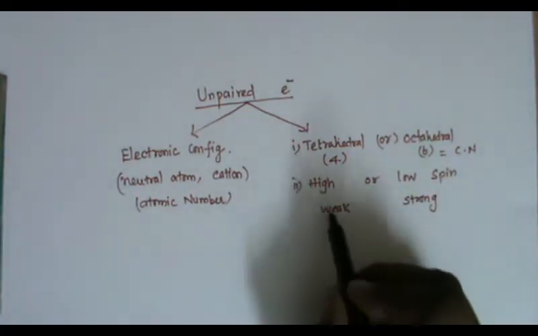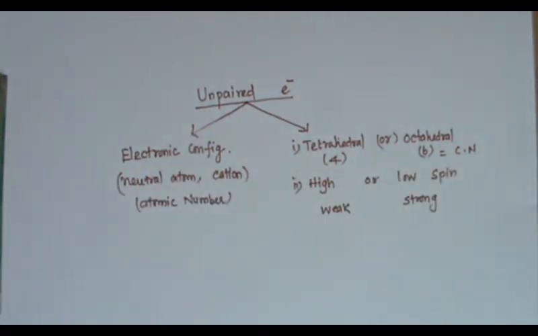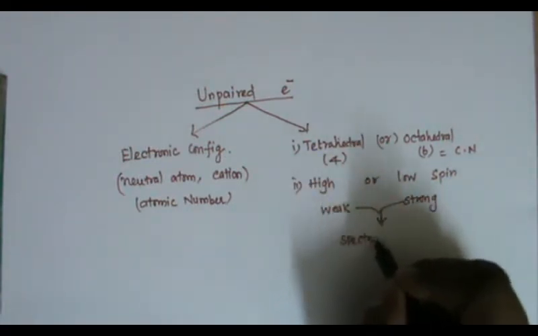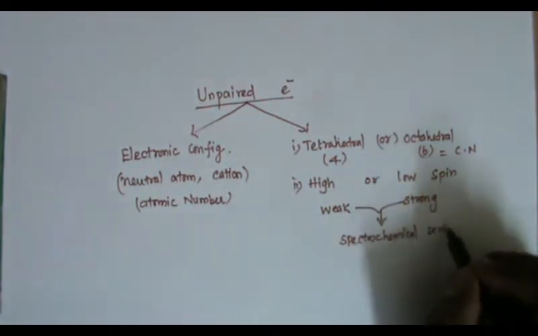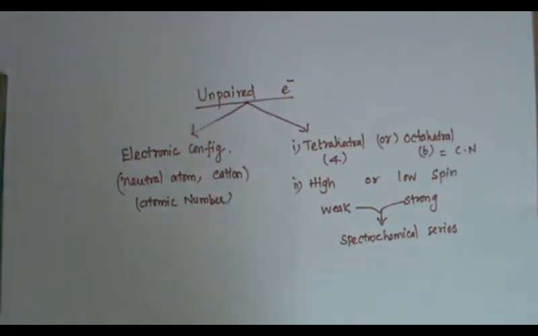If it is weak, then the compound will be a high spin compound. If it is strong, it is a low spin compound. Further, this can be found out from the spectrochemical series. So if you know this, you can find out the number of unpaired electrons and you can solve very easily.